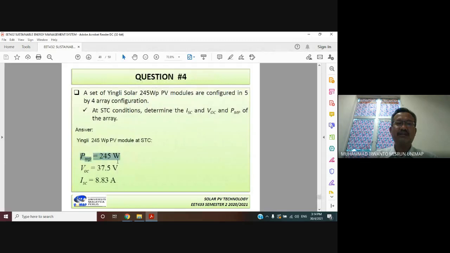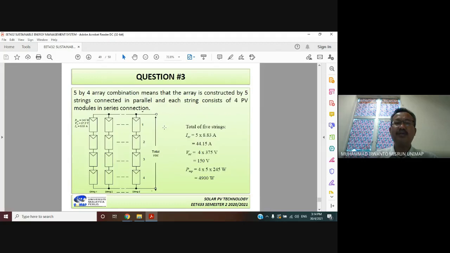Now, we have to draw the connection of PV modules based on the definition of the 5 by 4 array configuration. A 5 by 4 array combination means that the array is constructed by 5 strings connected in parallel, and each string consists of 4 PV modules in series connection.